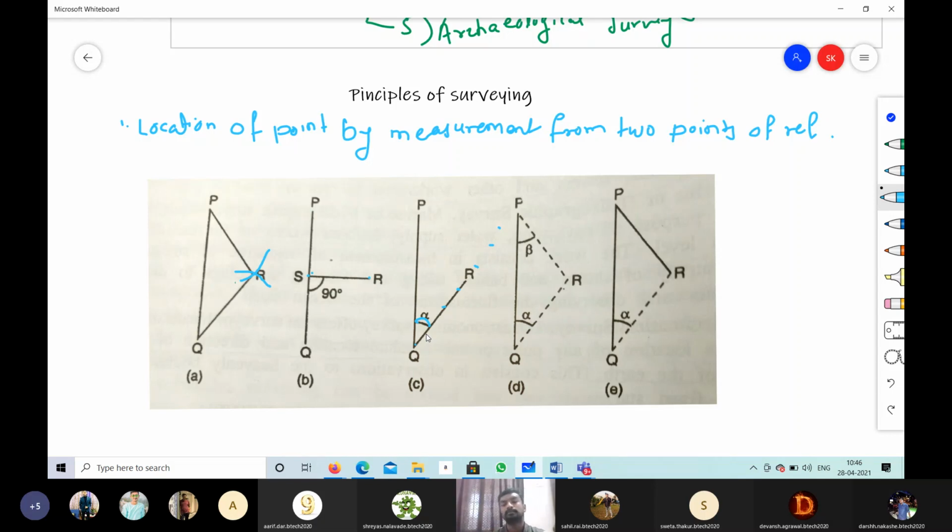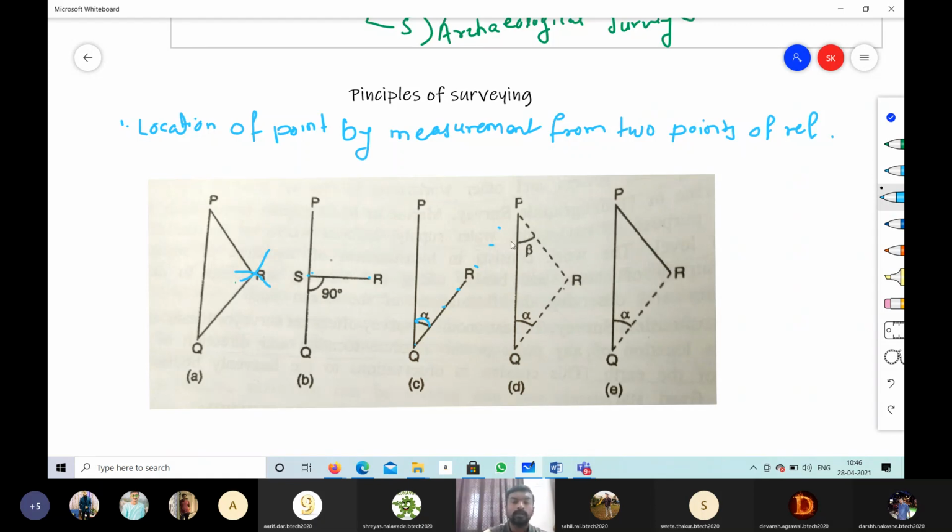Can anybody explain the fourth figure, case D? Sir, we will measure the angle beta from P and alpha from Q. They will meet at a point R. Good.